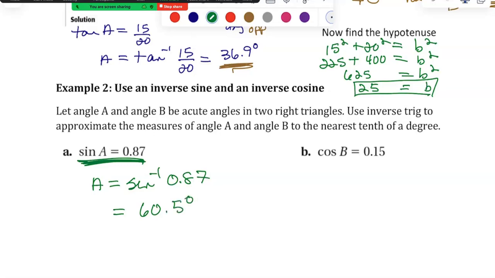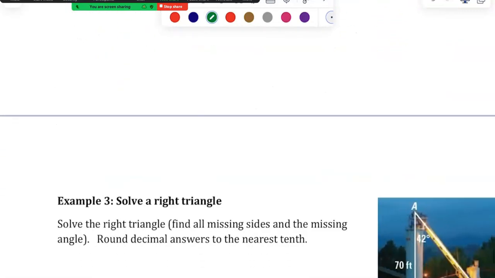Just make sure that you can get that. I want an angle back. Whenever I want an angle, I'm going to use inverse trig. Angle B should be 81.4 degrees if you put this in your graphing calculator.